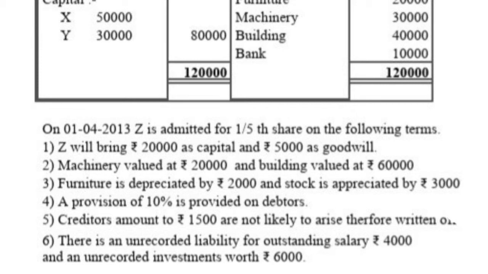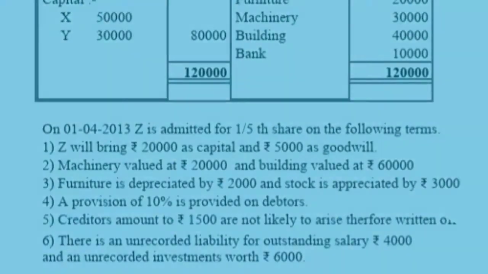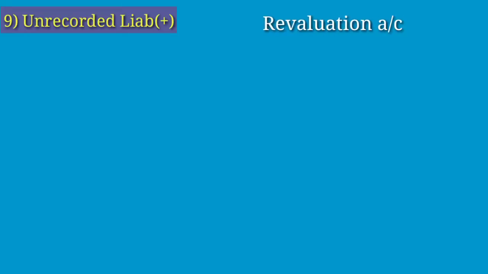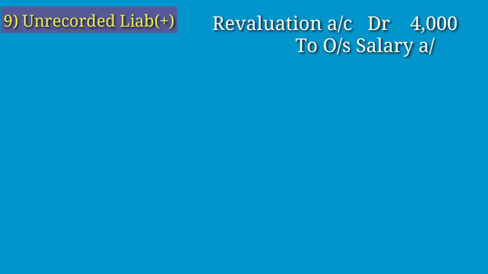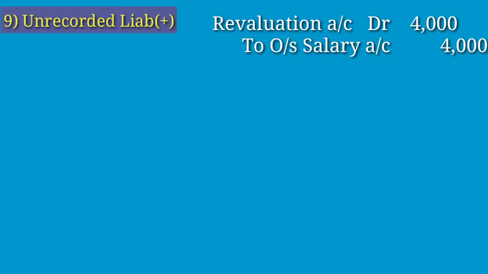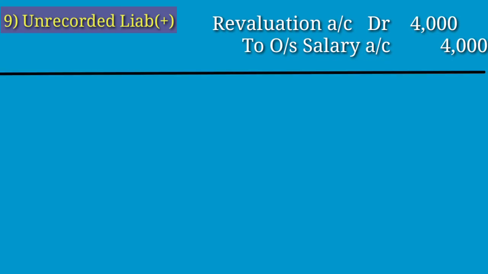When the liability is increasing, the loss is also increasing. When liability is increasing, we need to credit that liability, and when loss is increasing, we need to debit the revaluation account. So the journal entry is revaluation account debtor rupees 4,000 to outstanding salary rupees 4,000.